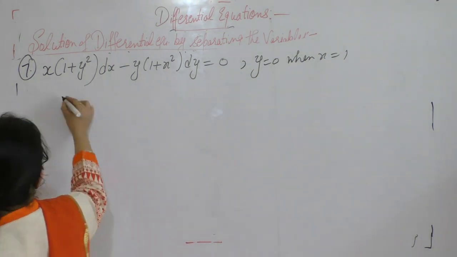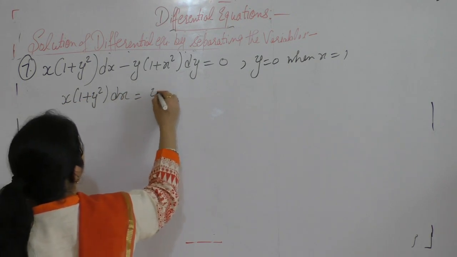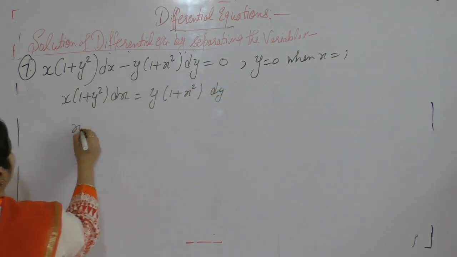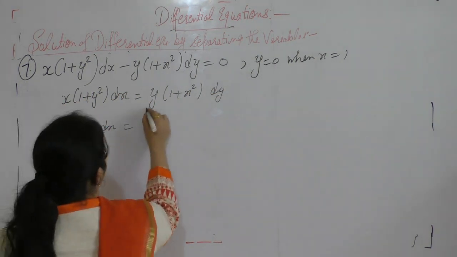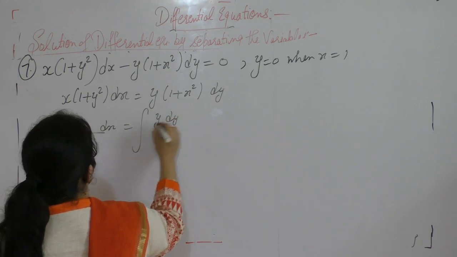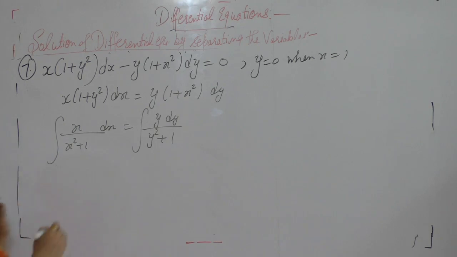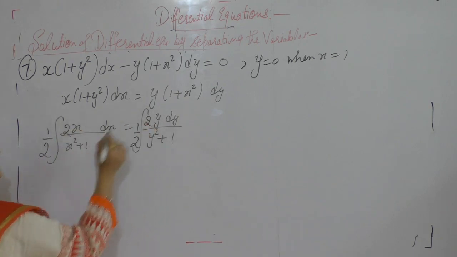First separate the variables. x(1 + y^2) dx is equal to y(1 + x^2) dy. So x upon x square plus 1 dx is equal to y dy upon y square plus 1. Derivative of x square is 2x, so multiply and divide by 2 here, same on the right hand side.